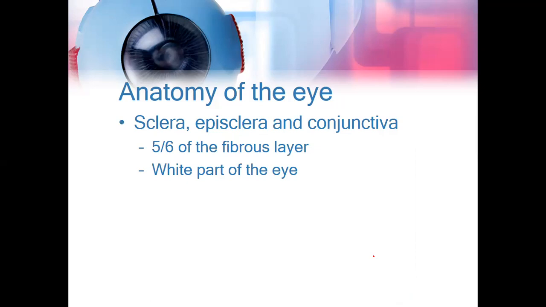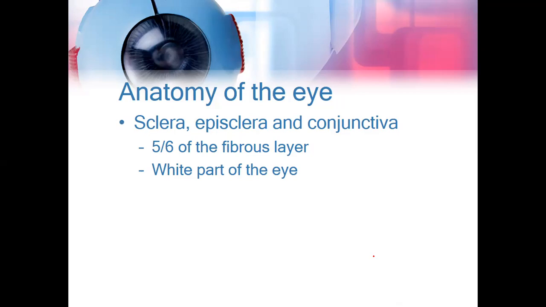Now we're going to talk about some other structures, which are the sclera, the episclera, and the conjunctiva. The sclera, as you know, is the white part of the eye. It joins the cornea at one point, which is the limbus, the sclerocorneal limbus.